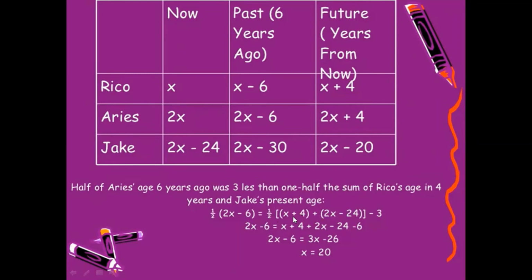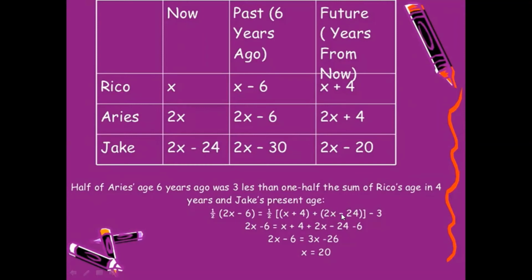The sum of the Rico's age in 4 years, Rico age in 4 years is this one, and Jack's present age. So Jack is this one, his present age is over here.